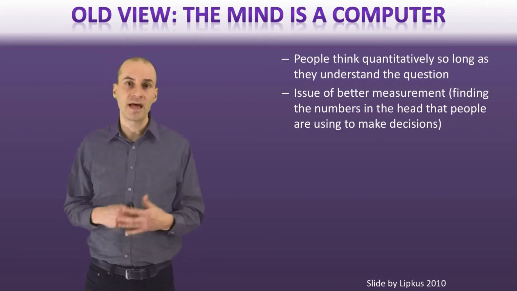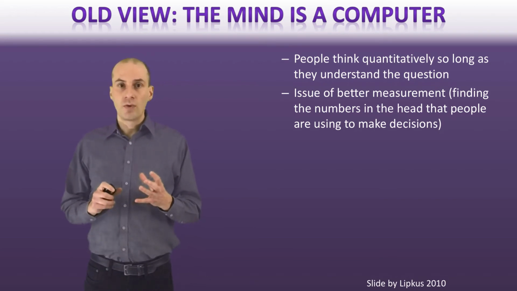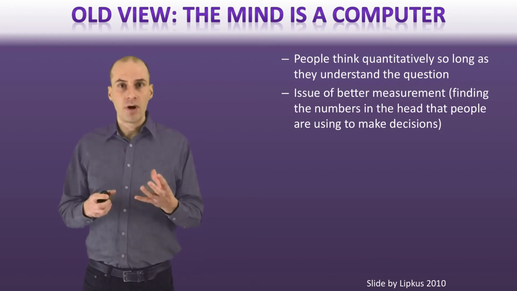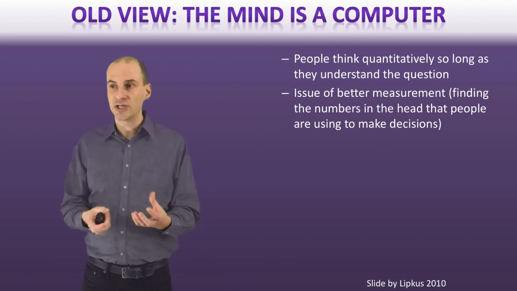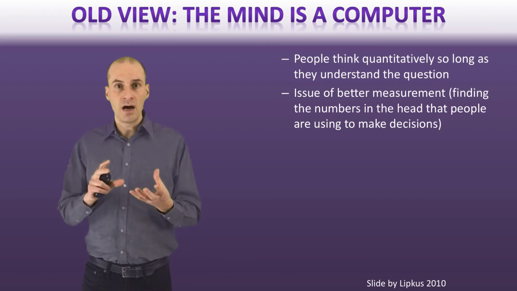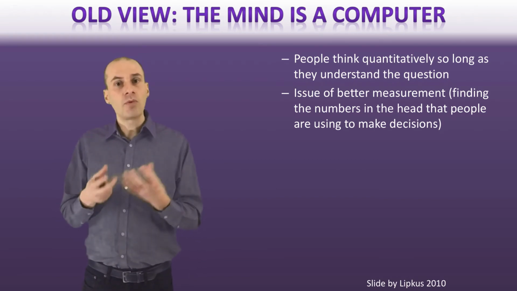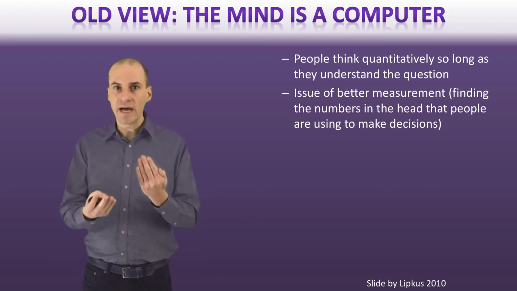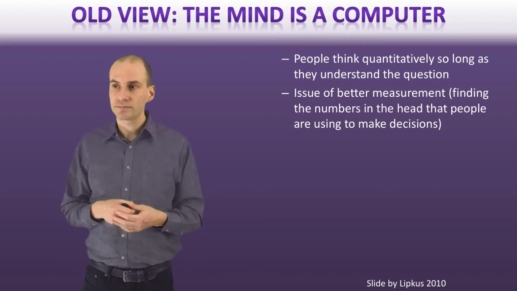And this really follows from the old view of how people think about risks. That's the view that the mind is a computer, okay? The idea here is that so long as people understand the question and are able to apply their mind to it, they will use numbers and measure it out, and use it to make a decision about whether or not to do something.